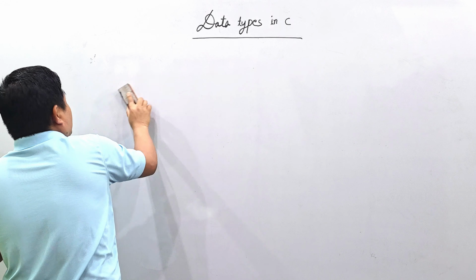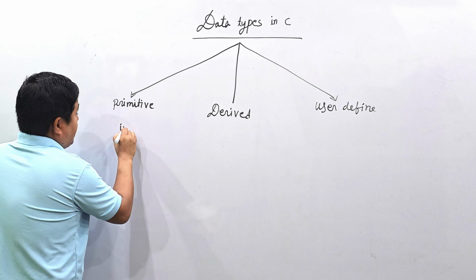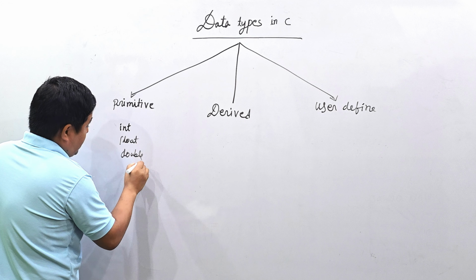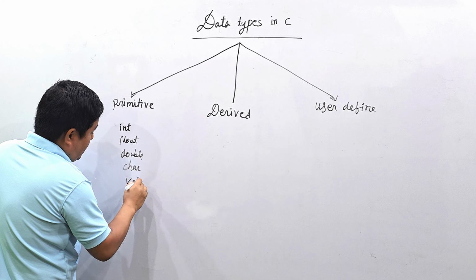The primitive data type is also called the primary data type or basic data type. The primitive data types include int, float, double, char, and void. Let's suppose if we want to store a equal to 45, then we use the integer data type.